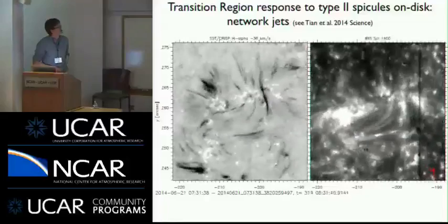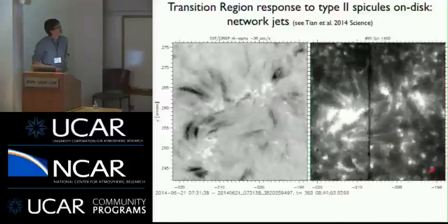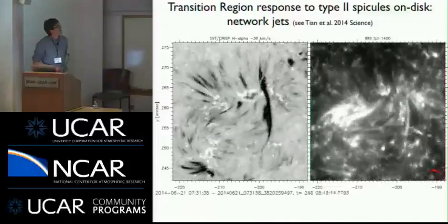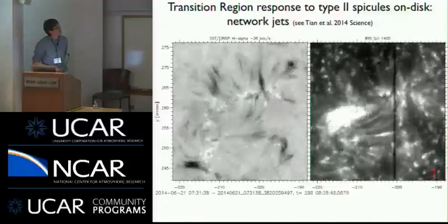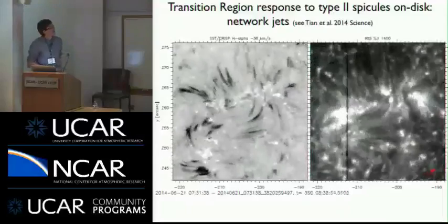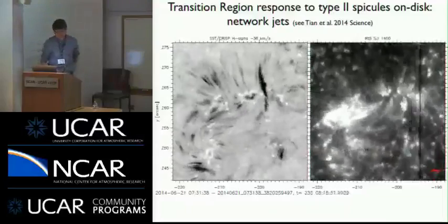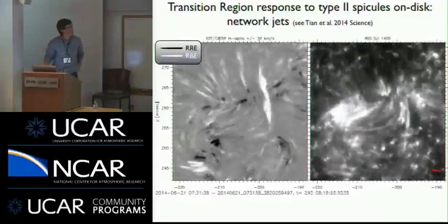And there's one very nice example down here, where you first see an RBE, a very big one, that is associated with this bright jet down there.